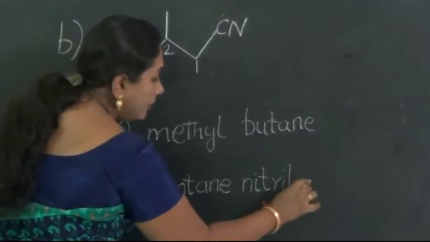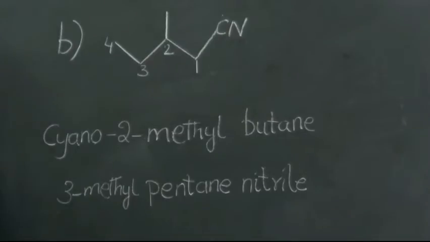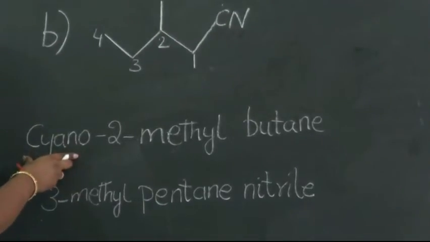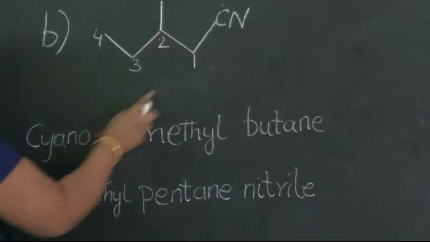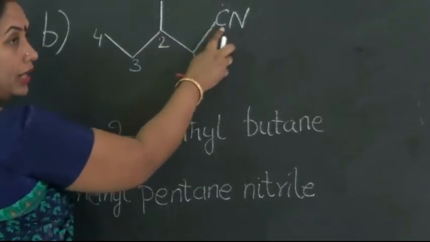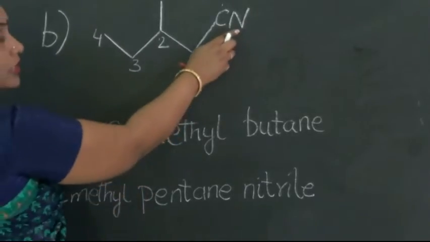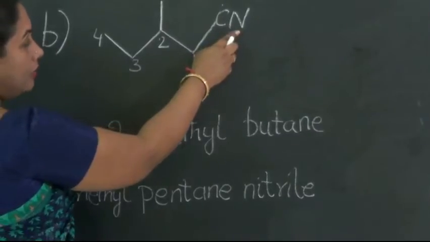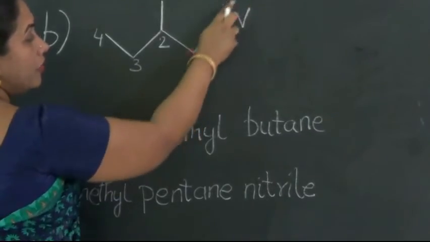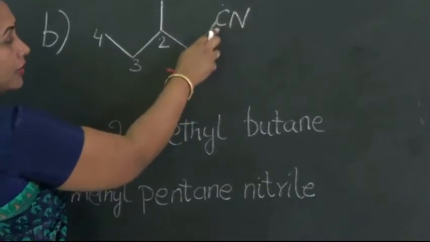For CN, either we can represent it as a prefix as cyano. When we name it as cyano, we need not count the carbon atom of cyano as belonging to the parent chain. In case we need to name it as nitrile, at that time nitrile covers the name of only the nitrogen and not the carbon.